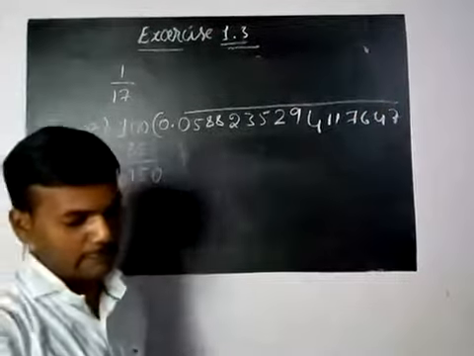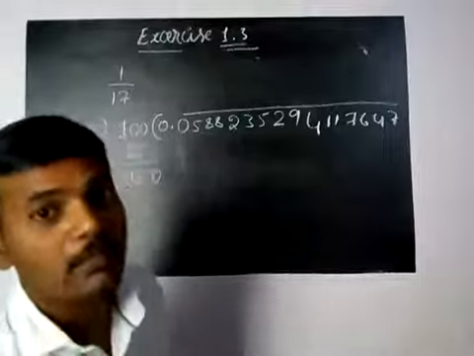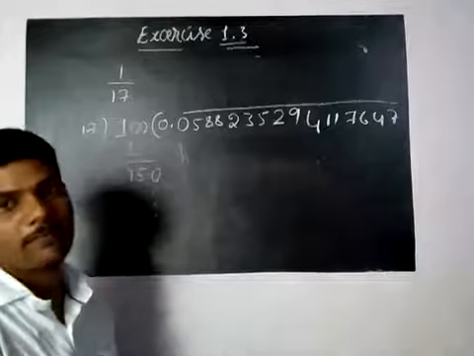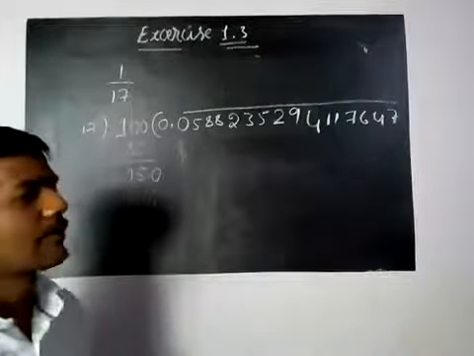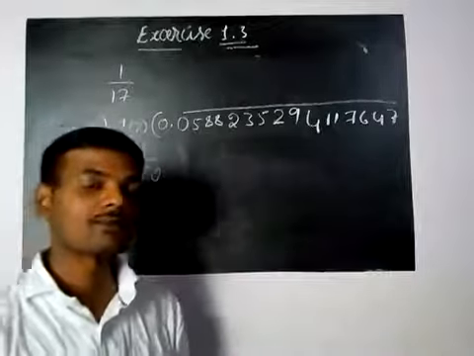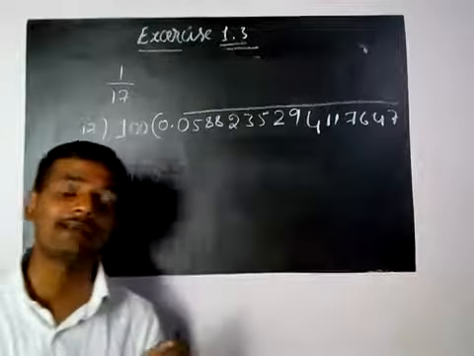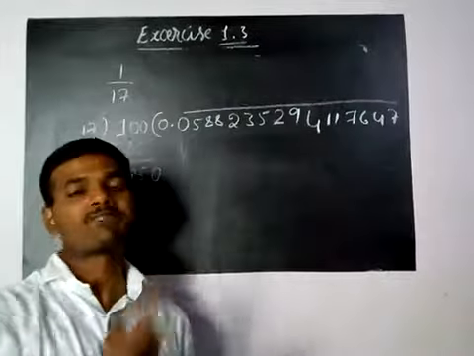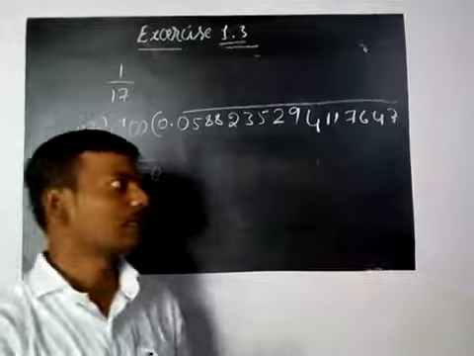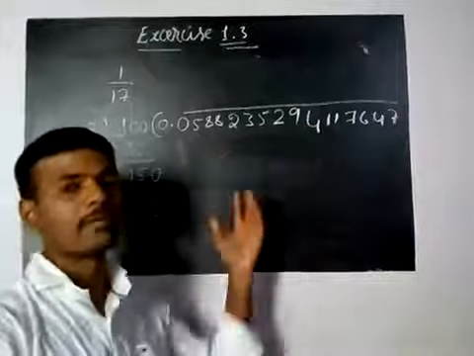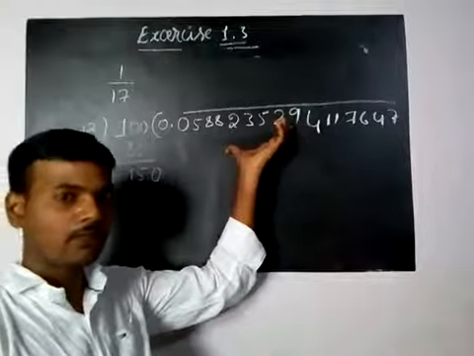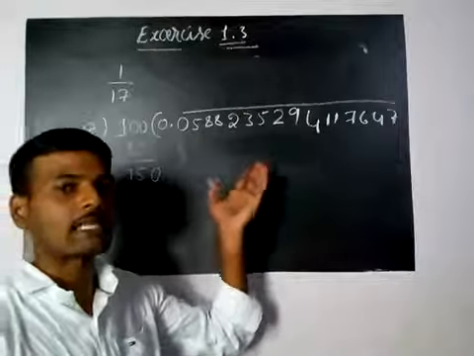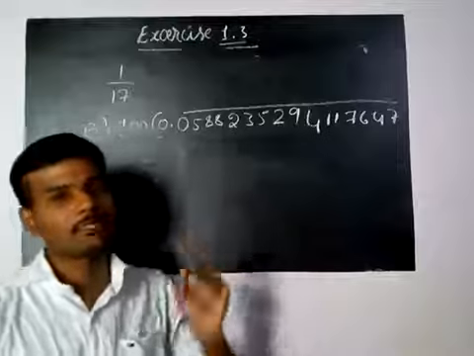This is the repeating block when you do the division process to get the decimal expansion of 1 by 17. So how many digits are there in the repeating block? There are 16 digits in the repeating block. Actually, you have to perform the complete division process. After that, you will get the repeating block of this decimal expansion. So there are 16 digits in the decimal expansion of 1 by 17.